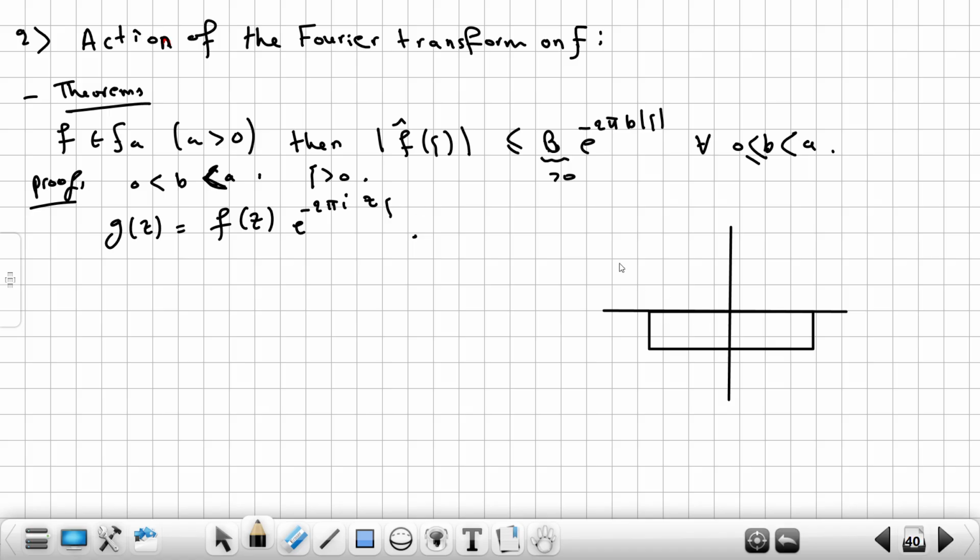And consider the following contour here with this orientation, a rectangle with vertices minus R, R, and the points shifted down by minus b.